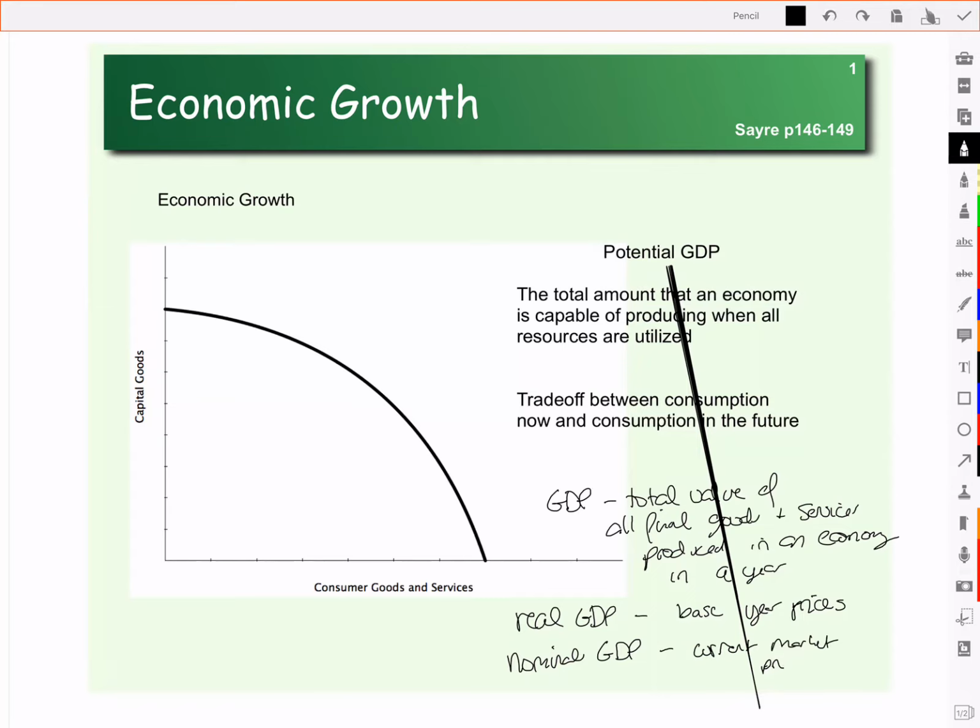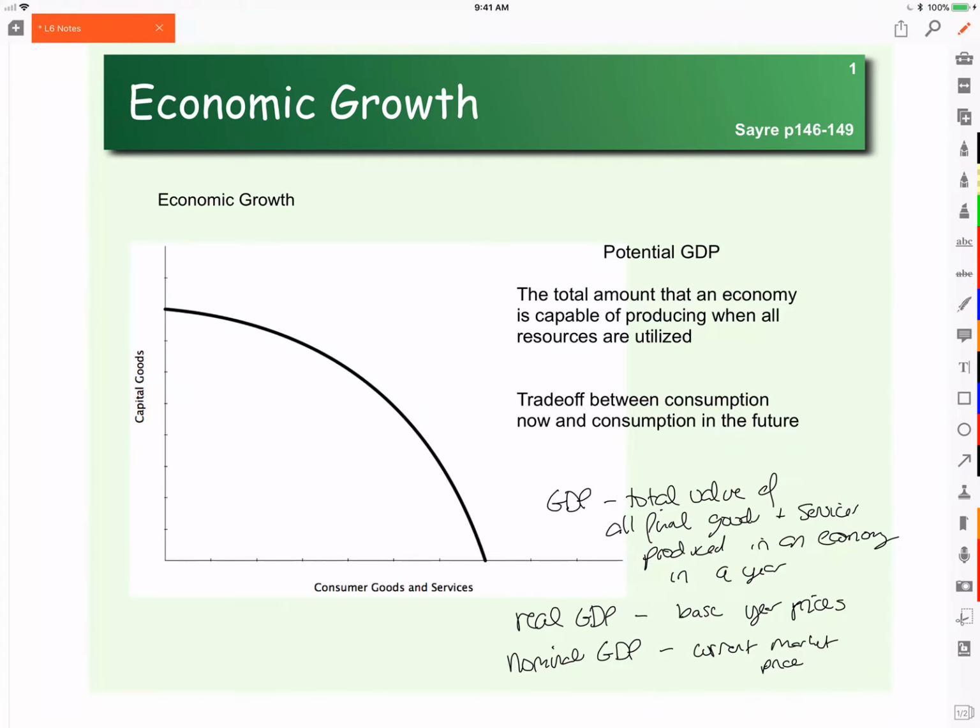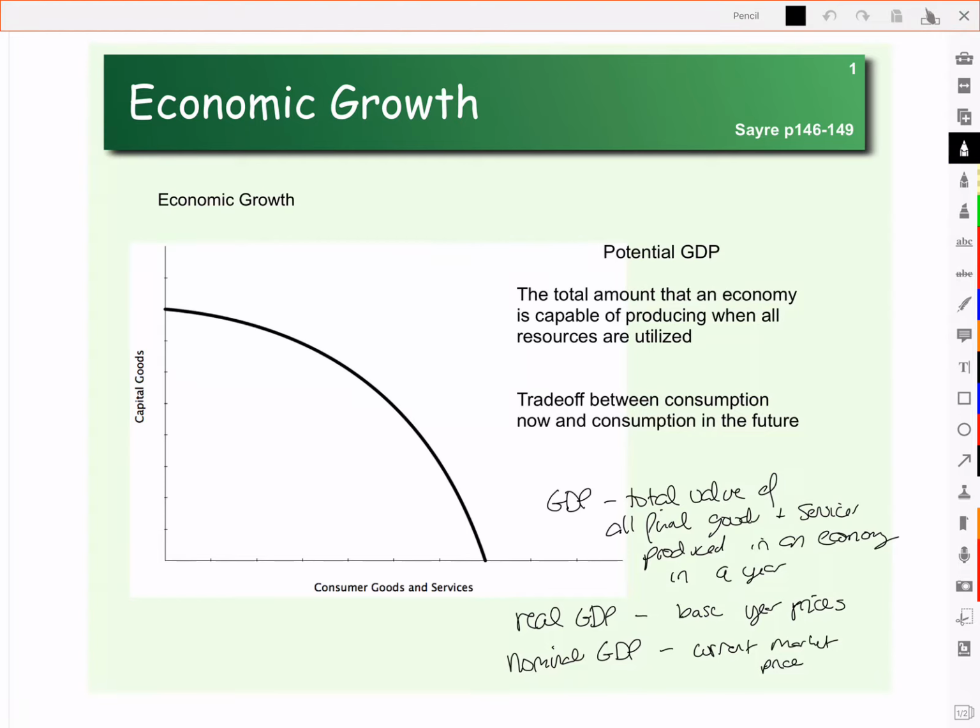So potential GDP is the total value of all the goods and services produced in an economy in a year if you used all of your resources. So potential GDP is how big the economy could be. If we used all of our labor, all of our land, all of our capital, this is how big our economy could be.